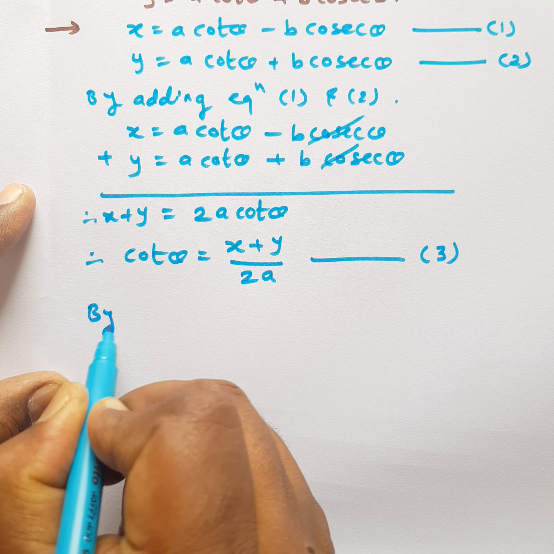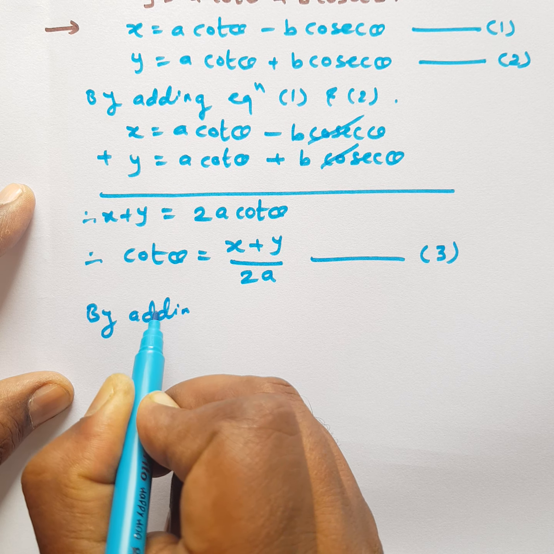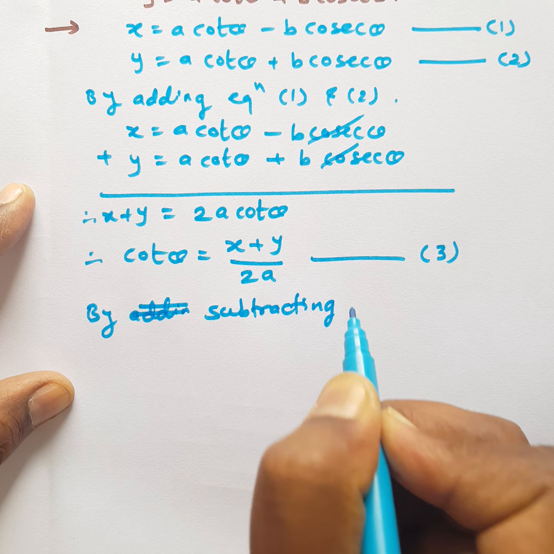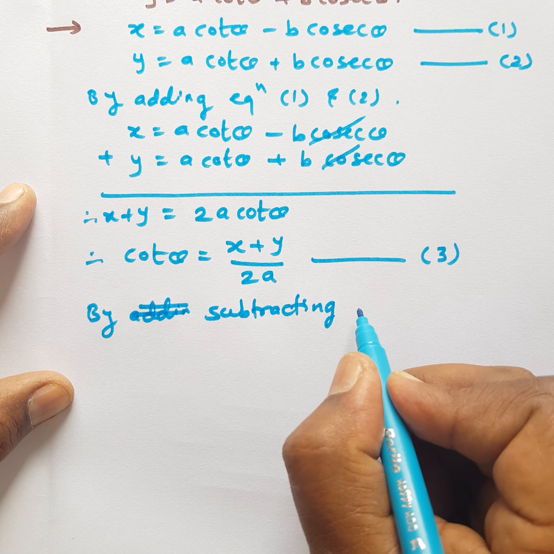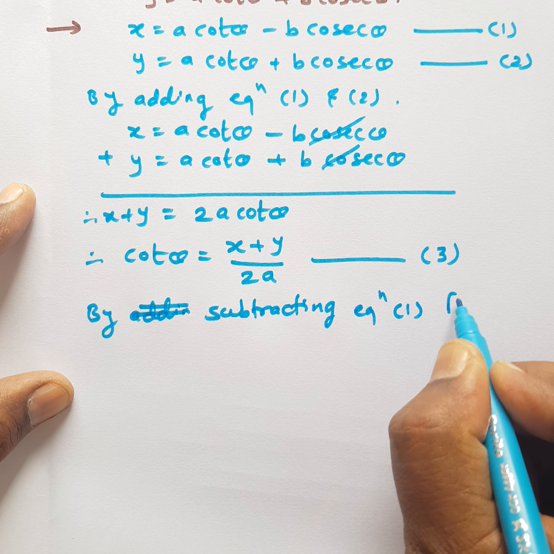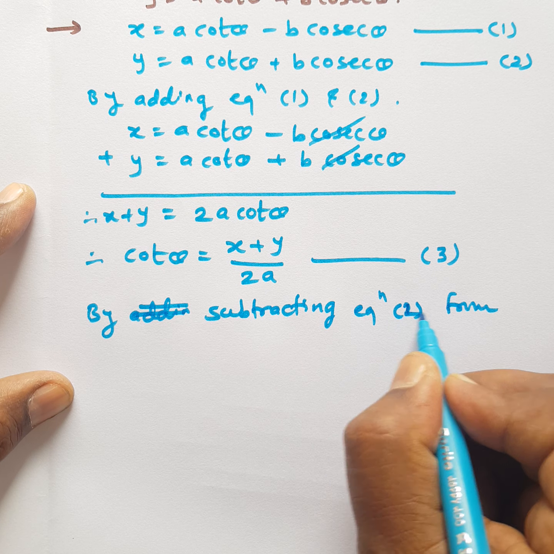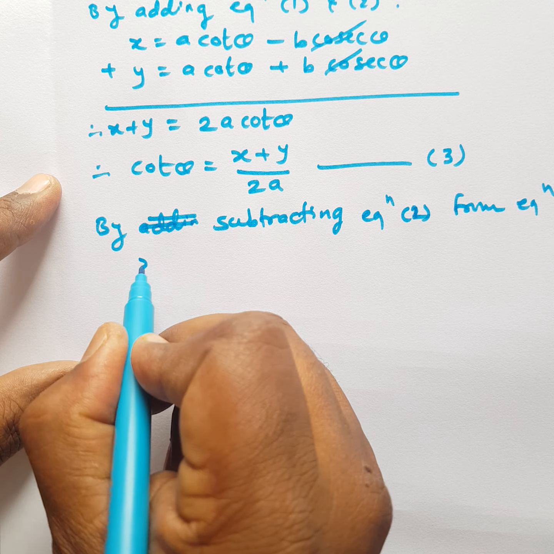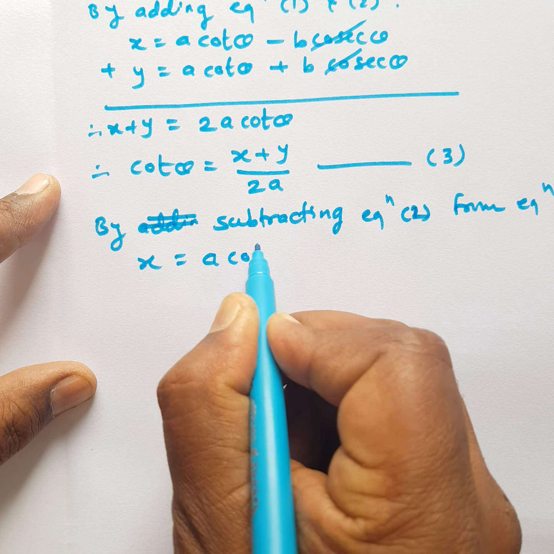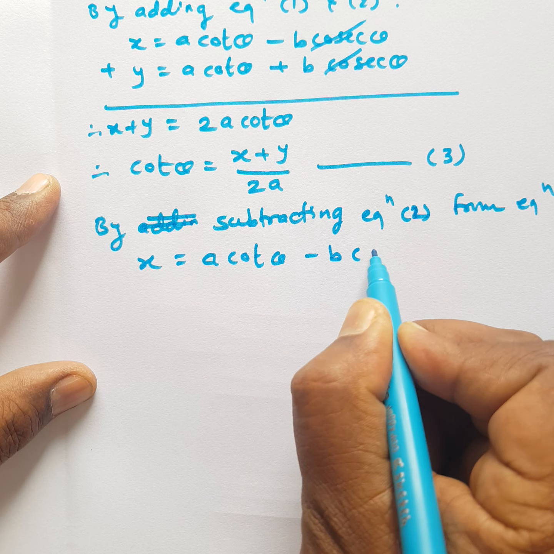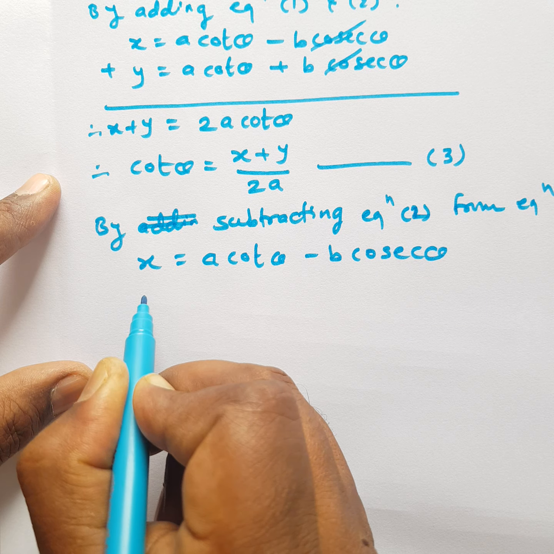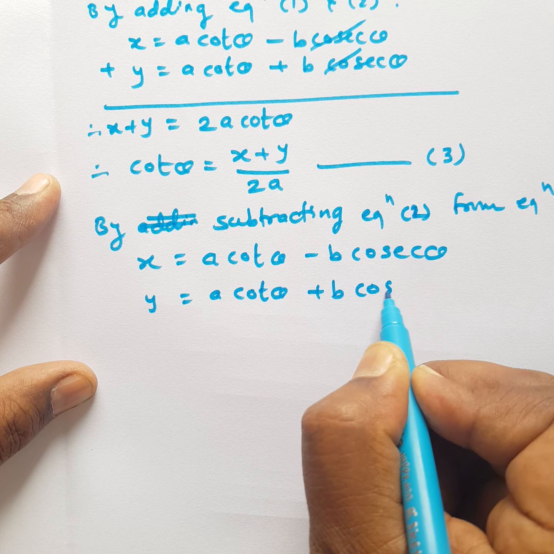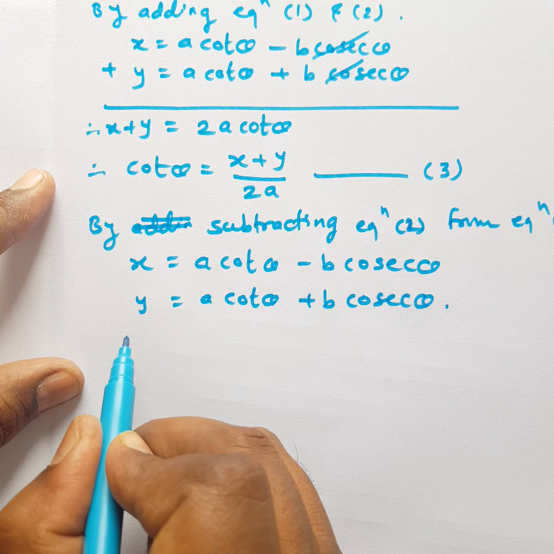Similarly, by subtracting equation 2 from equation 1: x is equal to a cot theta minus b cosec theta, y is equal to a cot theta plus b cosec theta.